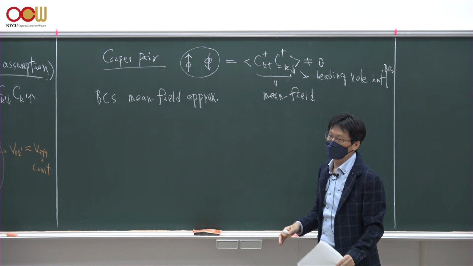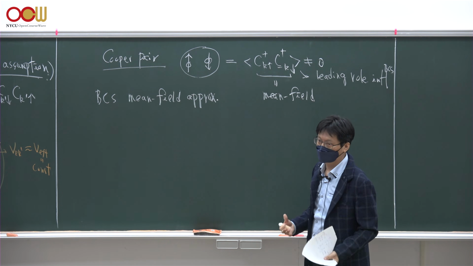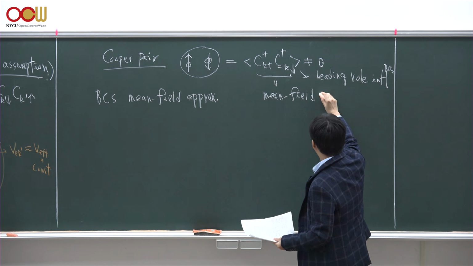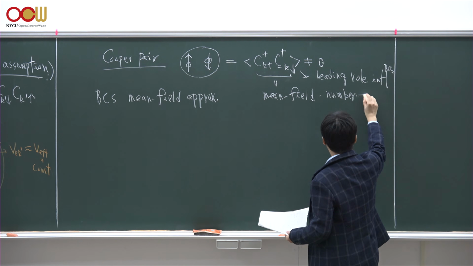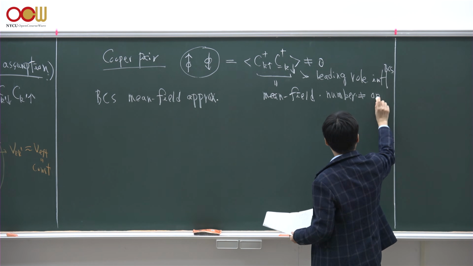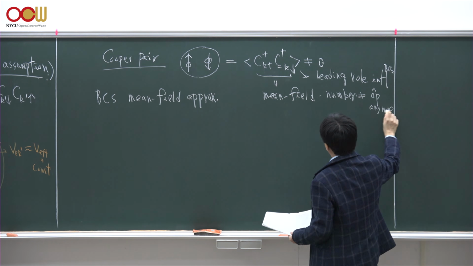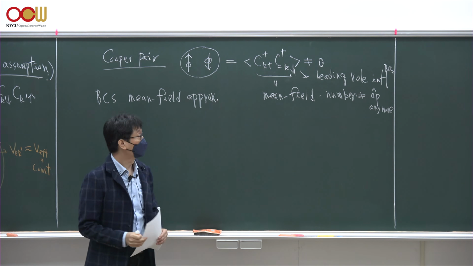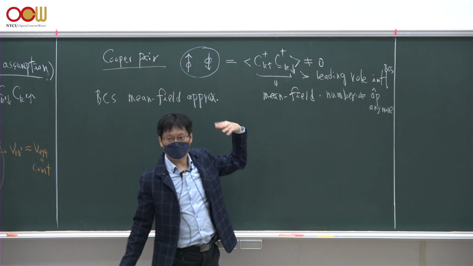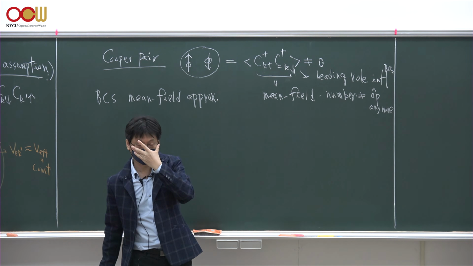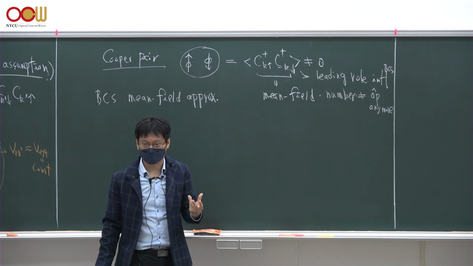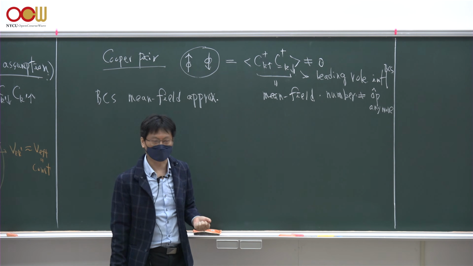quantity that these two electrons can pair up in that Cooper pair state. And this is just a number, not an operator anymore, because we already took the average. When we take this ensemble average, or thermal average, or ground state average, this quantity is just a number in quantum mechanics.